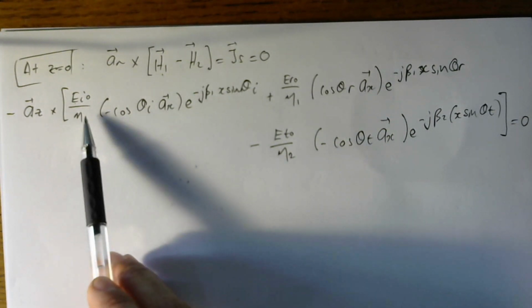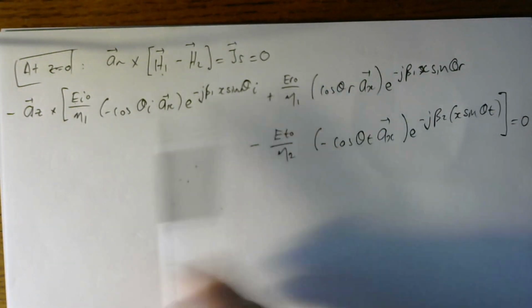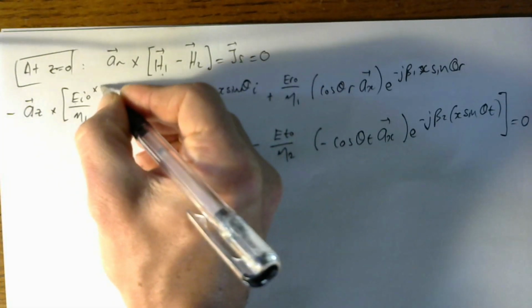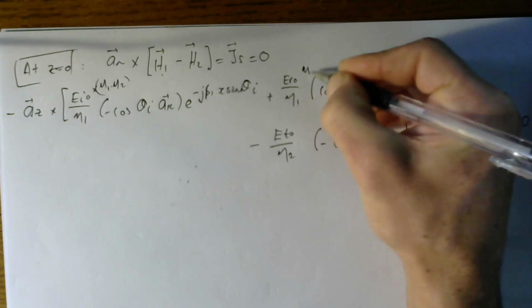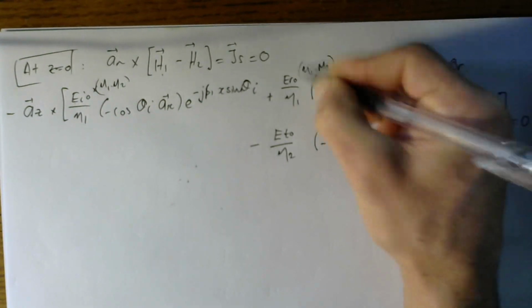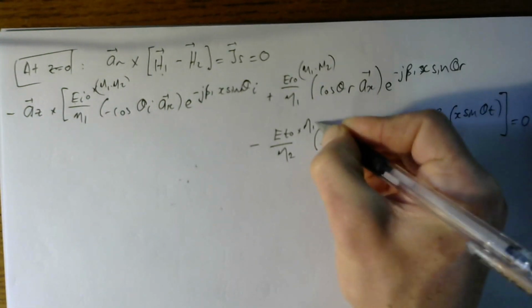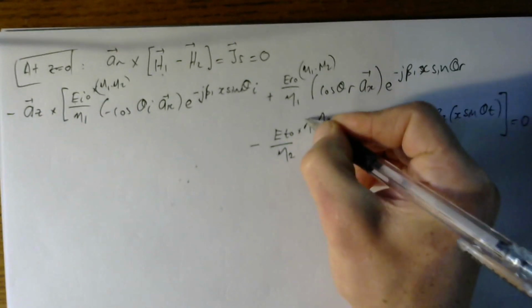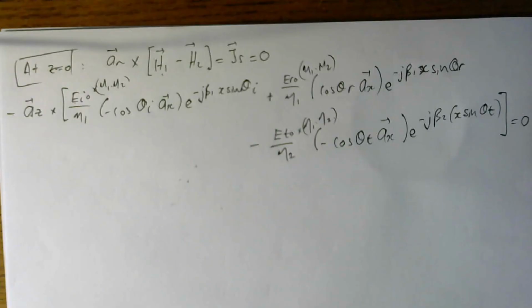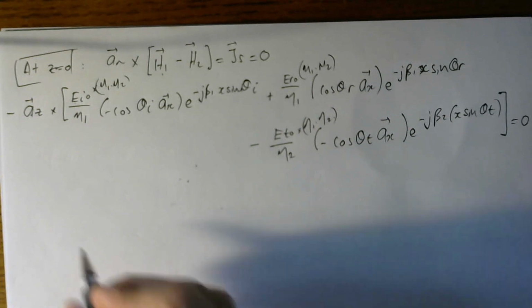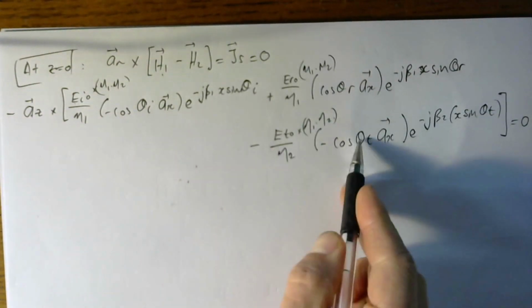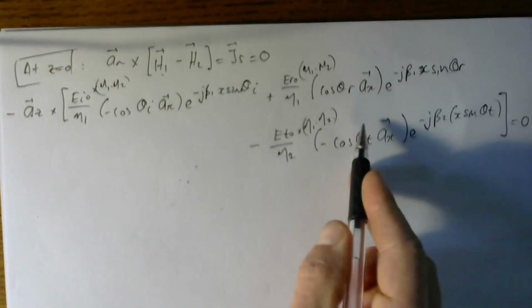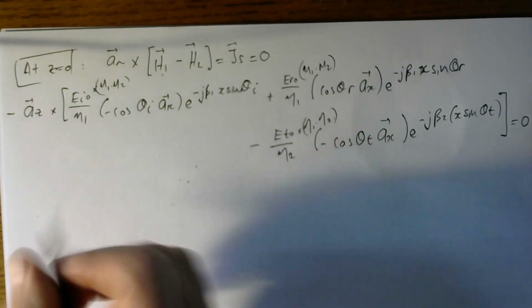And maybe let's also see if we can get rid of these fractions. So I'm going to multiply each term by eta 1 times eta 2, and then I'm going to get rid of those fractions. I'm only going to work with the coefficient, which should be 0 for this vector to be 0.